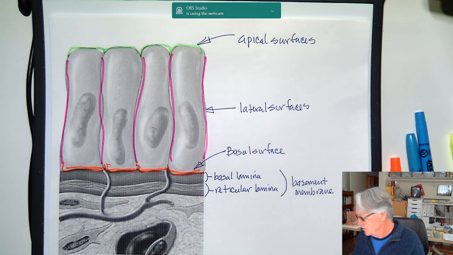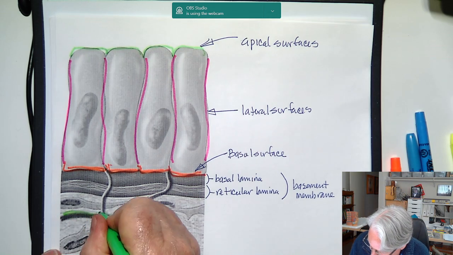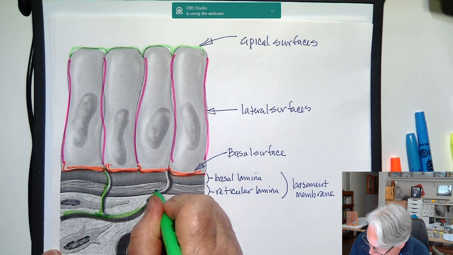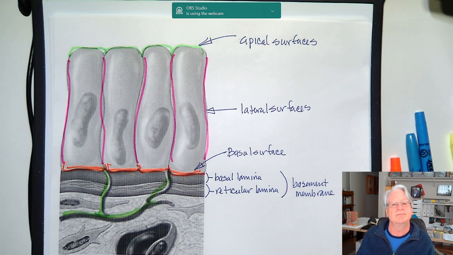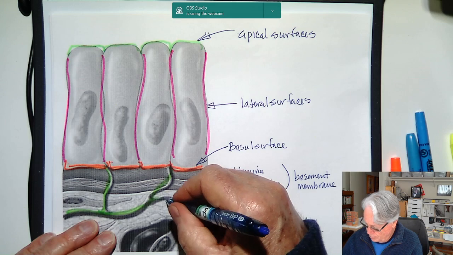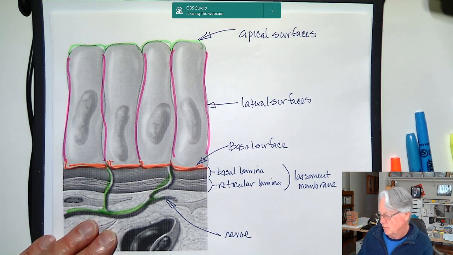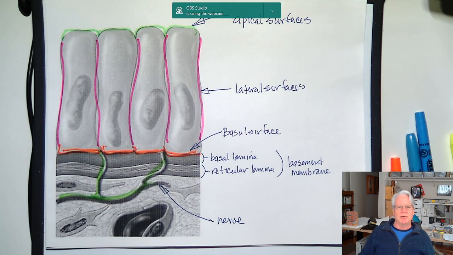And we can also, if we want to, bring in nervous tissue. That's the basic arrangement of epithelial tissue.